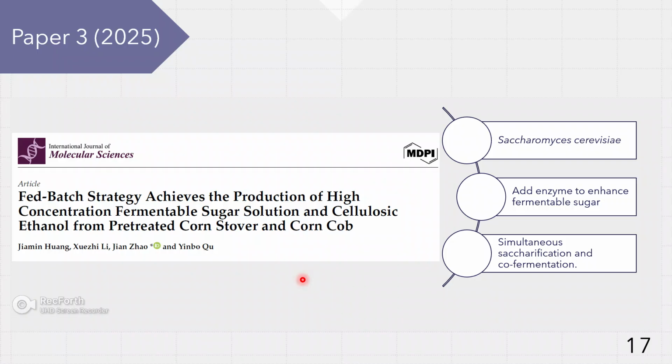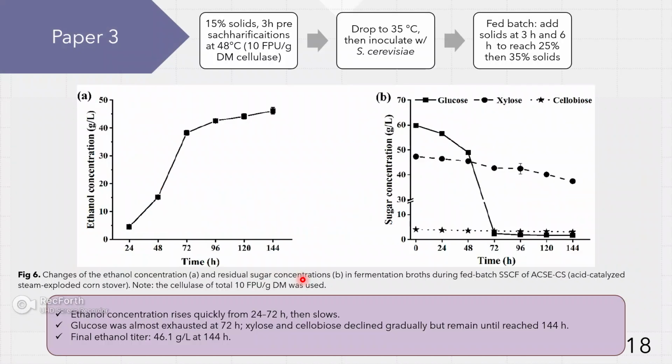So let's move on to the third paper, titled Fed-Batch Strategy Achieves the Production of High Concentration Fermentable Sugar Solution and Cellulosic Ethanol from Pretreated Corn Stover and Corn Cob. In this case, they also use Saccharomyces cerevisiae, but they add enzyme to enhance the fermentable sugar from those cellulosic substrates, and they use simultaneous saccharification and co-fermentation.